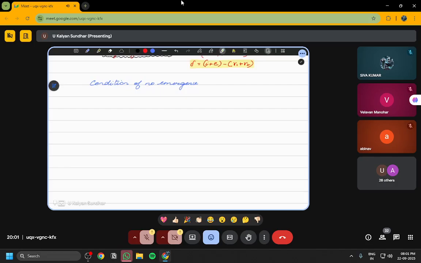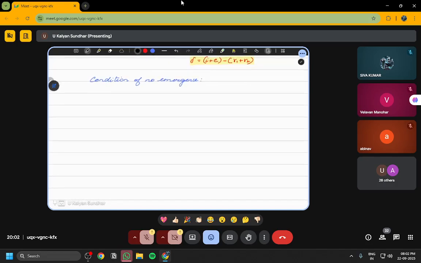Am I right? So here the case is that if your A, that is your angle of prism, is greater than twice of your theta C. Theta C is nothing but your IC value. IC na enna solli paathom?